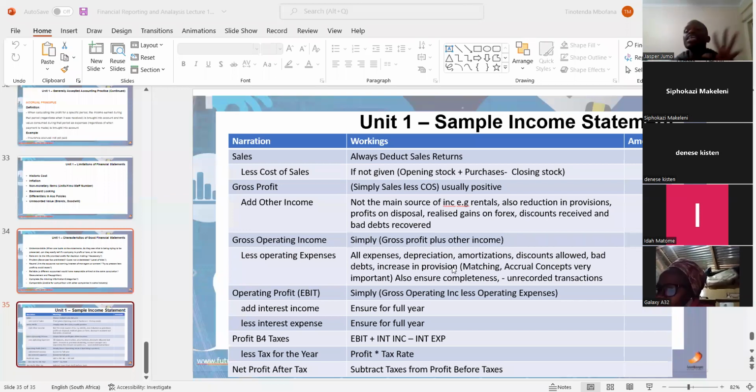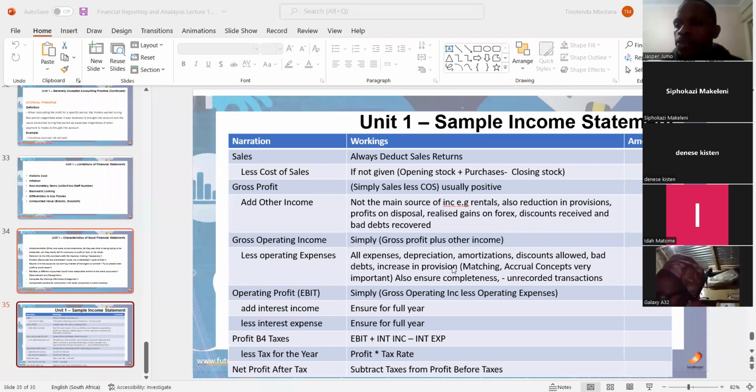So all the different little other expenses that you face now come under your operating expenses. So you subtract your operating expenses from the gross operating income and you get the operating income of the business. This is a very important thing. The operating income, or EBIT, earnings before interest and tax, of a business.